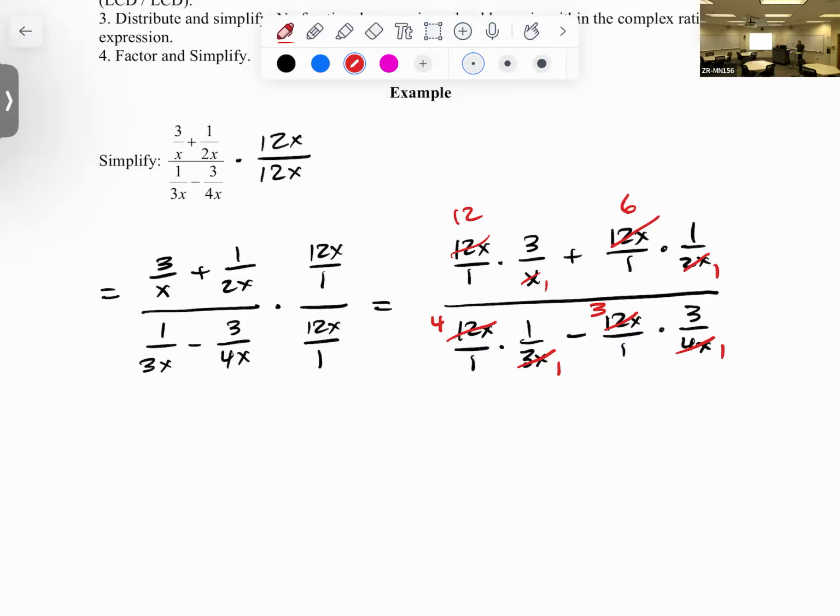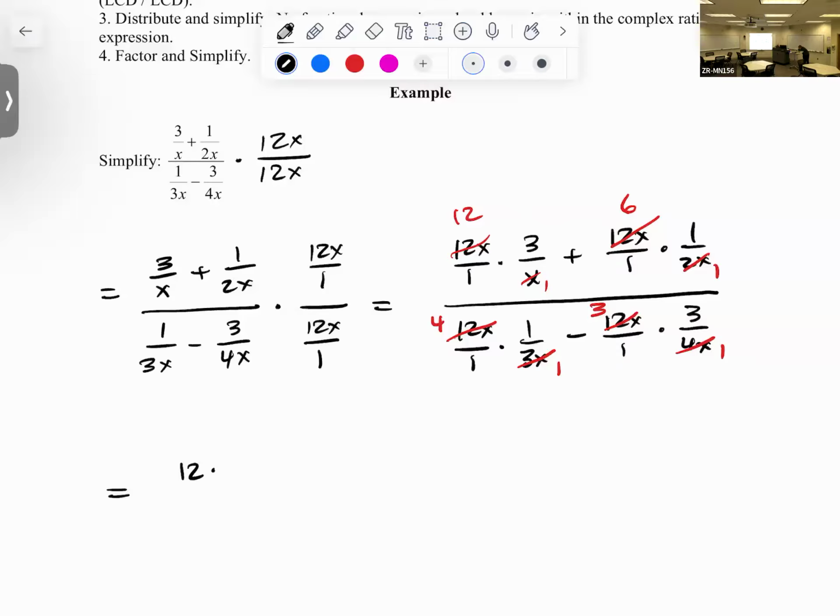Now notice, look at all the denominators. Not just the same, but they're 1. When it's over 1, does that mean you have a fraction? No, you actually have an integer. So the whole concept of this is the fraction goes away in one step.